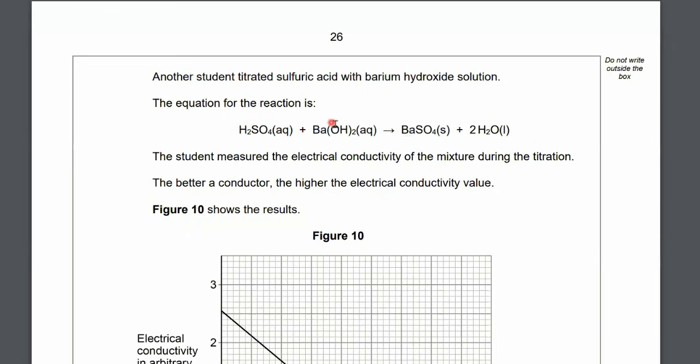When we have completed neutralization exactly, and we don't have any leftover barium hydroxide or any sulfuric acid that are both aqueous, we will just be left with the products, which are solid barium sulfate, which is ionic. However, it's locked in an ionic lattice where the ions are not free to move. It's insoluble.